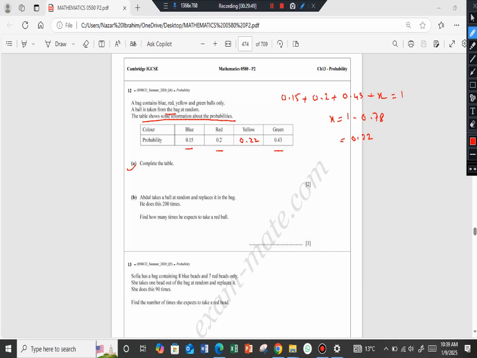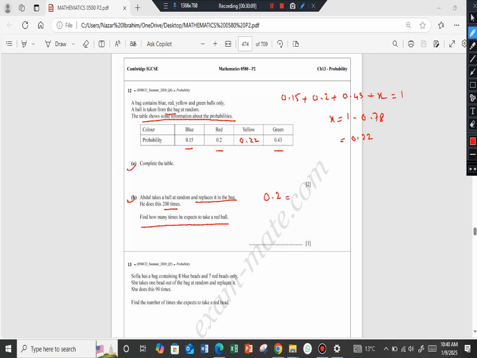So the probability of yellow is 0.22. Complete the table. Done. Second, Abdul takes a ball at random and replaces it in the bag. Now the condition is with replacement. He does this 200 times. Find how many times he expects to take a red ball. The probability of taking out a red ball is 0.2.